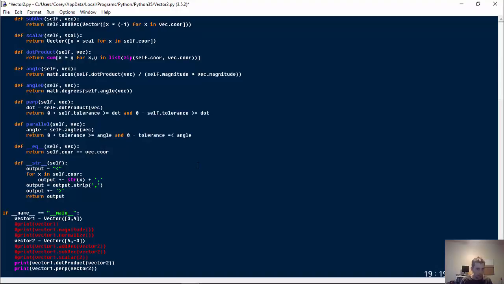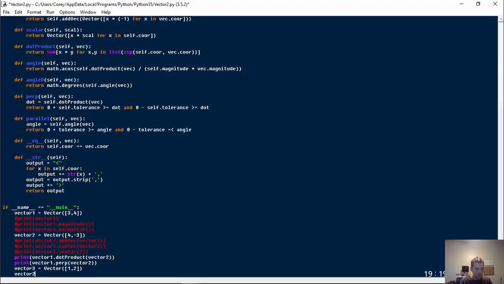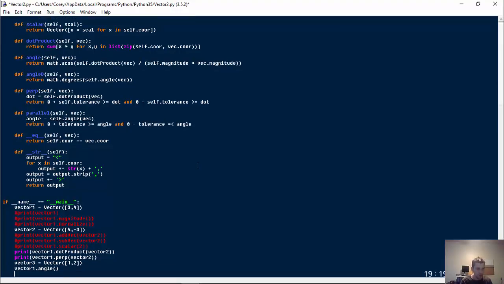And then I'll make a vector 3 is equal to vector. What should we do? Let's just do 1, 2. Vector 1 dot angle, and we'll do angle in radians and degrees, just to make sure those are working. Vector 1 dot angle D, vec.